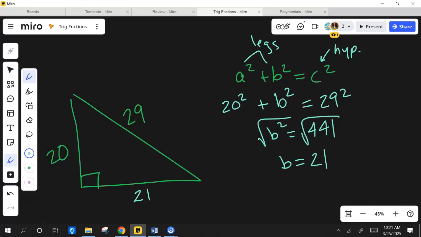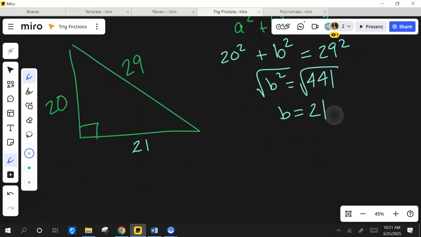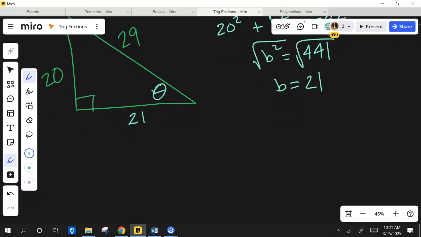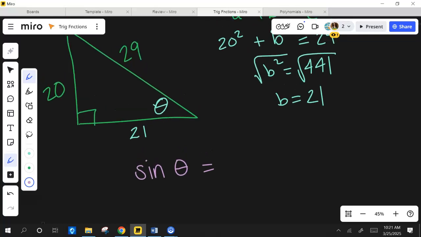All right, but let's do some identifying trig functions, and we'll just use this triangle since we've already found the missing side. Are y'all ready? Let's let this be theta. So, Malaya, tell me what the sine of theta is. 20 over 29.